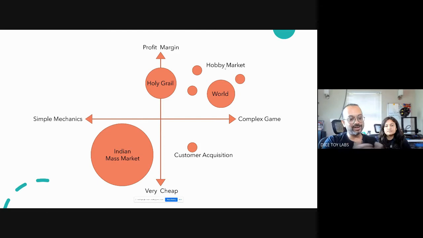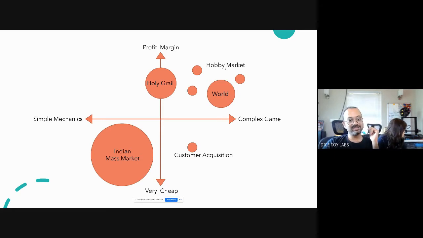This is a funda which Christina, who has made Bharata, will also tell you. This was the funda she told me: if you need to reach 1 crore, are you going to sell 10,000 copies of a 100 rupee product? That means you need to find 10,000 customers for your product.